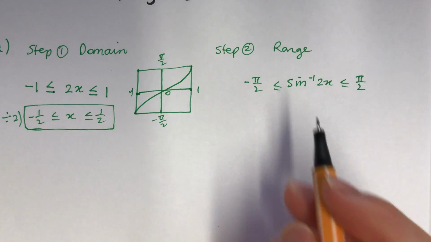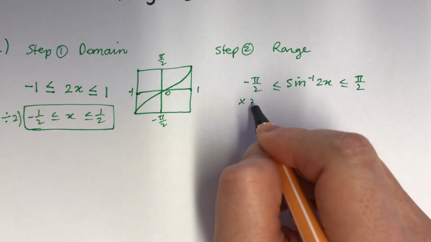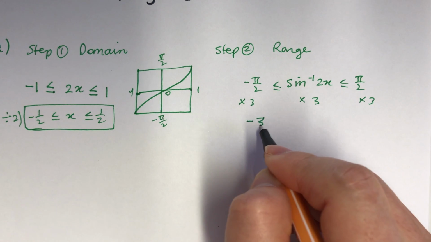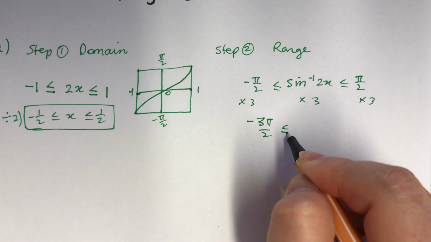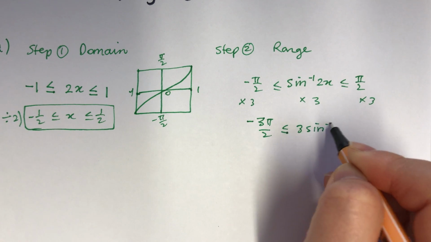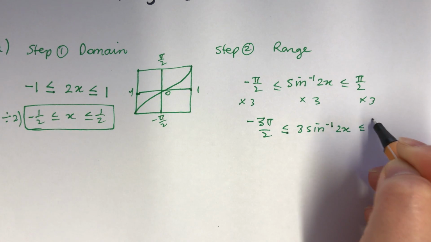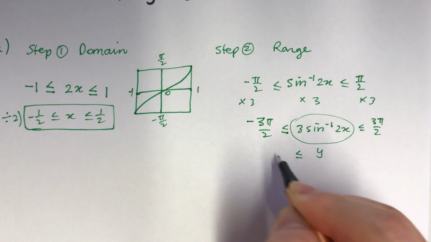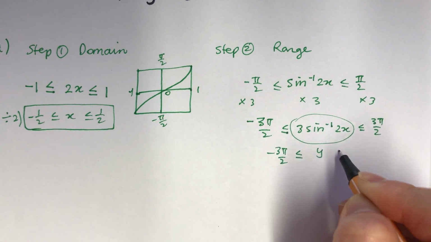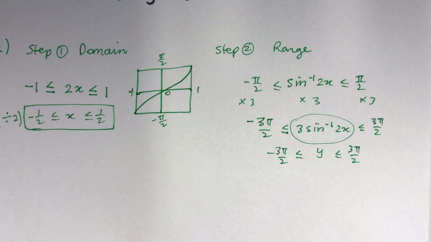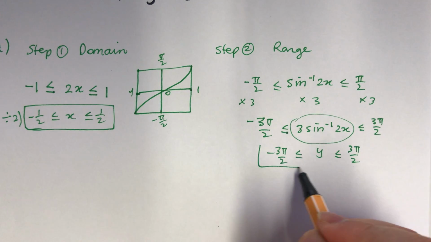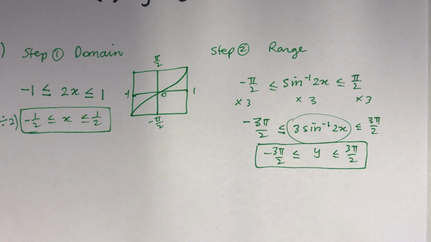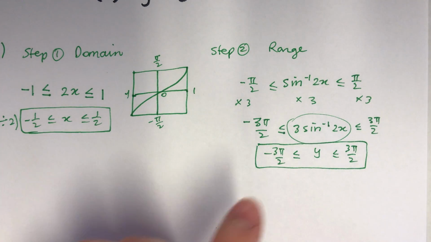So I'm just going to times by 3, so it'll be minus 3 pi over 2 to 3 pi over 2, which I can replace as y. Okay, so that's my range. So I've got the domain, I've got the range.